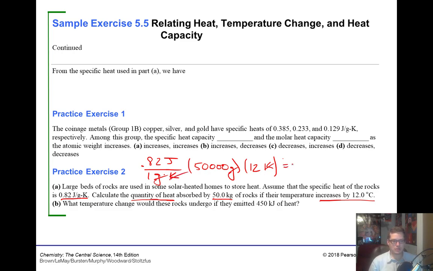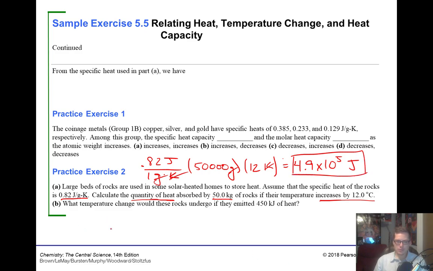We take 0.82 times 50,000 times 12, and we end up with 492,000. We want 2 sig figs, so it would be 4.9 times 10 to the 5th, and it's heat, so our units would be joules. Cool, so that's the answer to A.